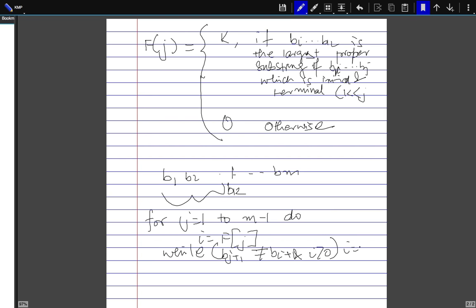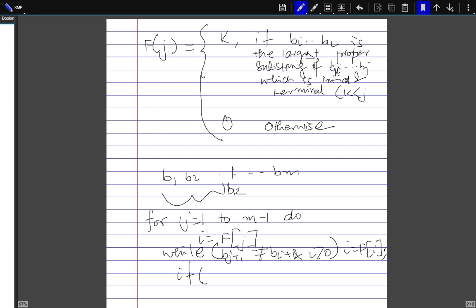So say I equals to f of I. Now after we have completed that loop, we say if I is 0, then j plus 1 equals to 0.